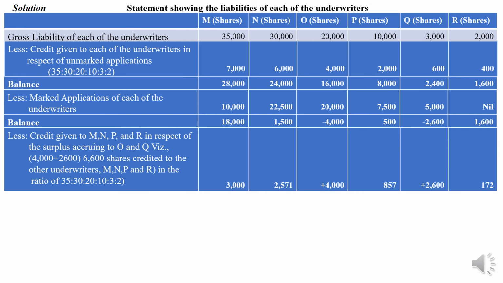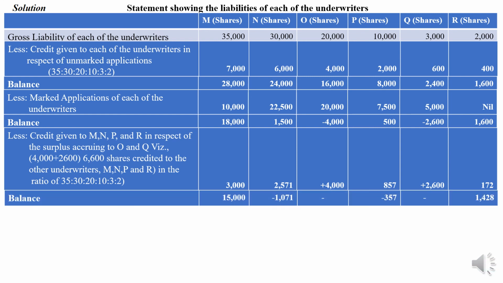So it is 3,000, 2,571, and this is already distributed, so here it is plus 4,000 and 857. Here it is 2,600, this is already used for redistribution, so here it becomes plus 172.